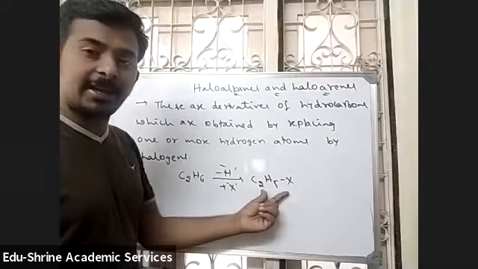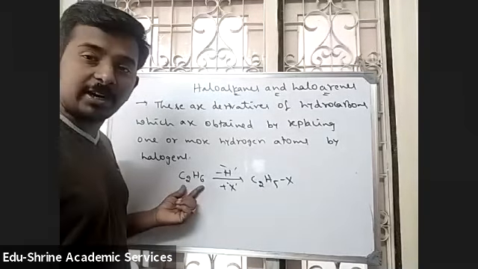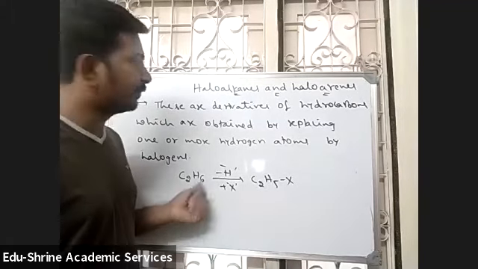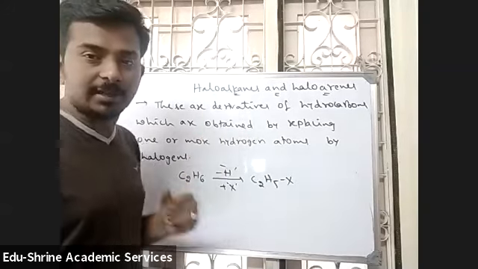So if I am getting an alkyl halide or any compound by replacing one hydrogen atom of an aliphatic hydrocarbon with a halogen atom, then the compounds we get are called haloalkanes.